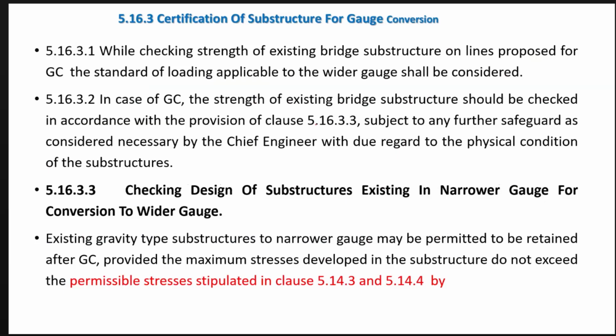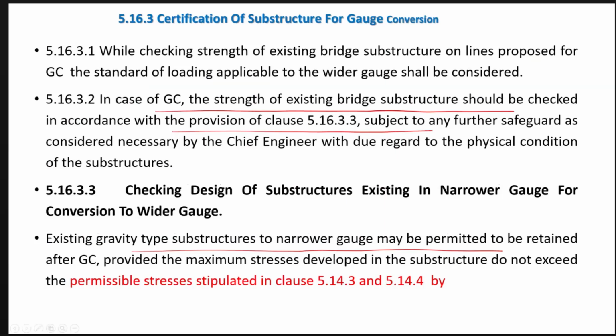Moreover, the same has been given in the case of GC loading also. The strength of the bridge substructure should be checked in accordance with the provision of 5.3.3. Here they have given that an existing gravity type structure on narrow gauge may be permitted to be retained after GC, provided the maximum stresses developed in the substructure do not exceed the permissible stress stipulated above.